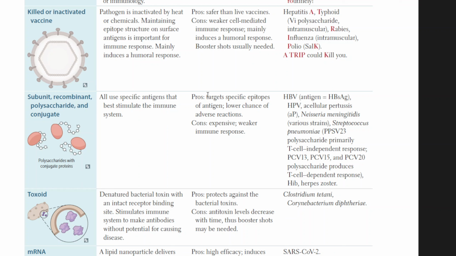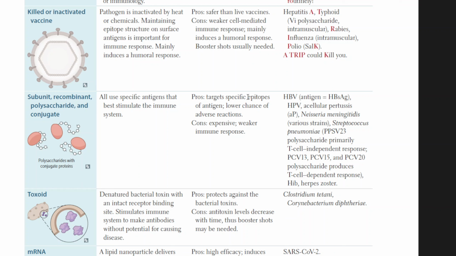The pros are they target specific epitopes of antigens, so they have a lower chance of adverse reaction. They are more surgical, more straight.